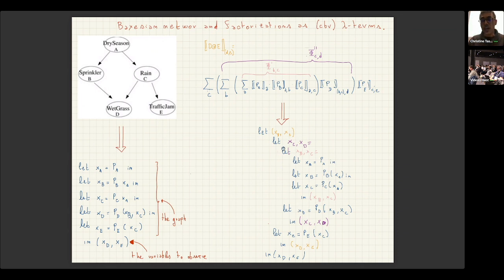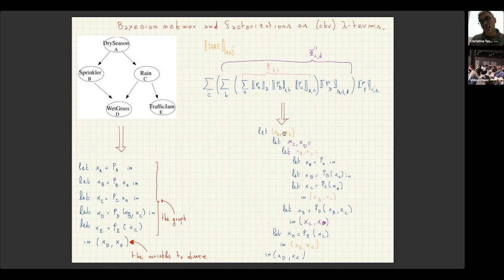So here we have this sub-expression of the term describing the pink factor here. And you see that the variable A here, xa, is actually local to this sub-expression and does not appear outside. It cannot be used outside. And so on and so forth.